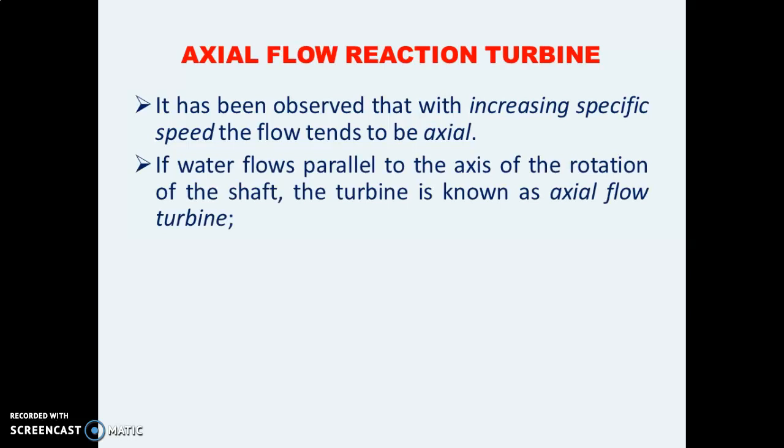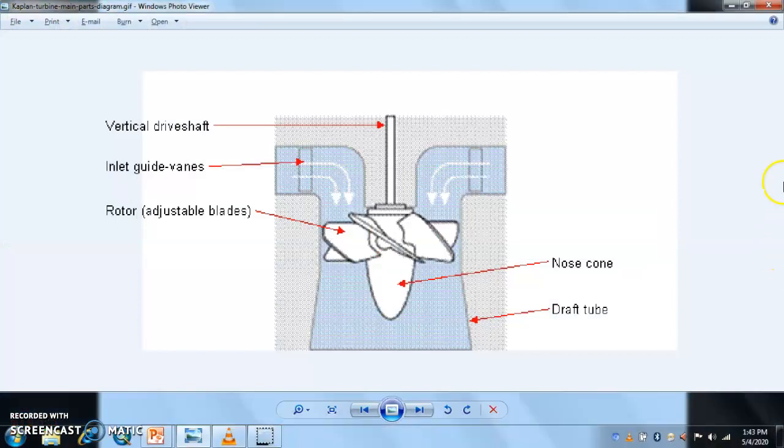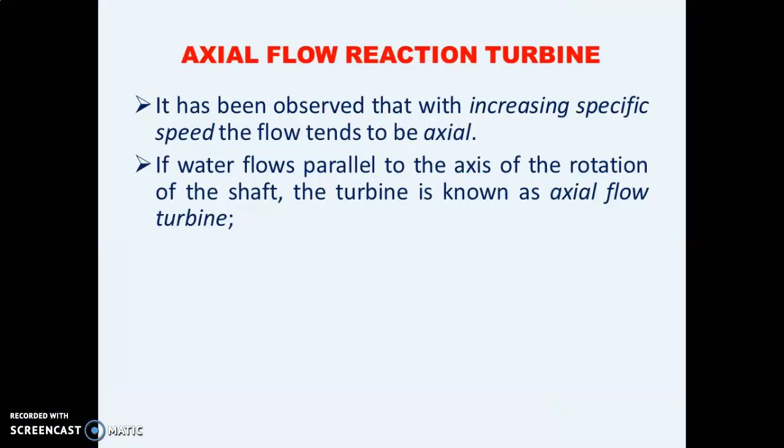If water flows parallel to the axis of rotation of the shaft, the turbine is known as an axial flow turbine. Here a diagram is given. This is the vertical drive shaft. If the water flows axially, or parallel to this shaft, it is known as an axial flow turbine.